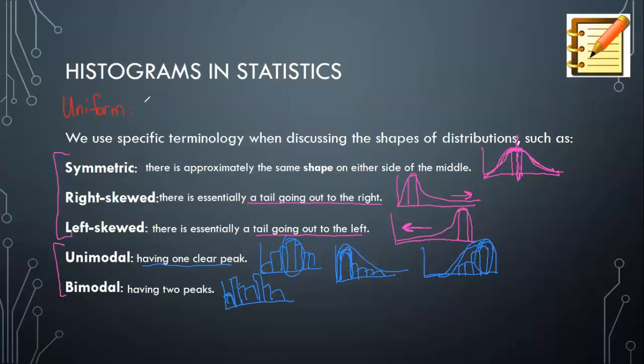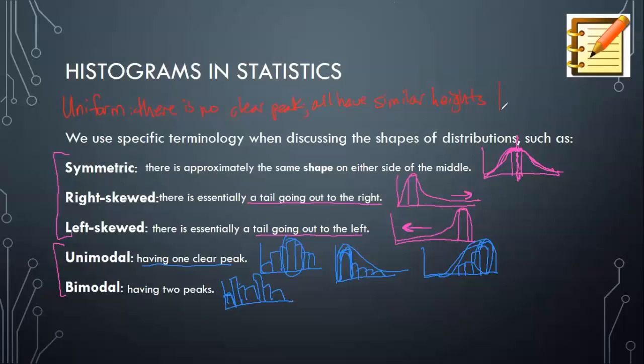A uniform histogram is when there is no clear peak, or they all have similar heights.